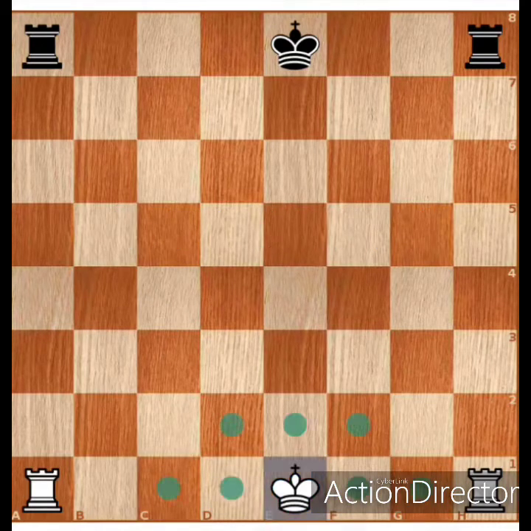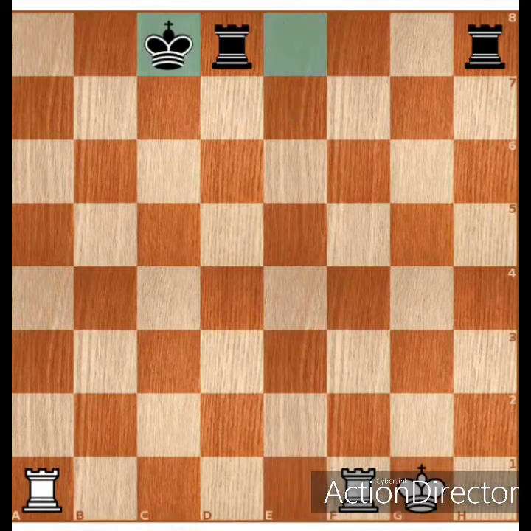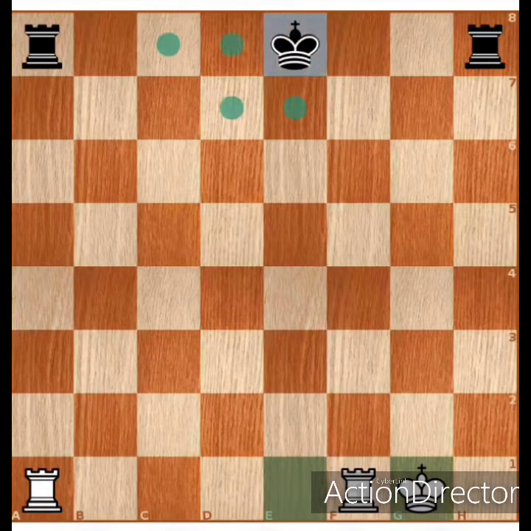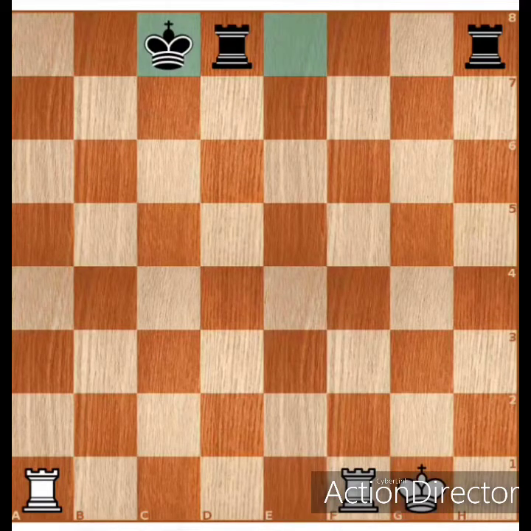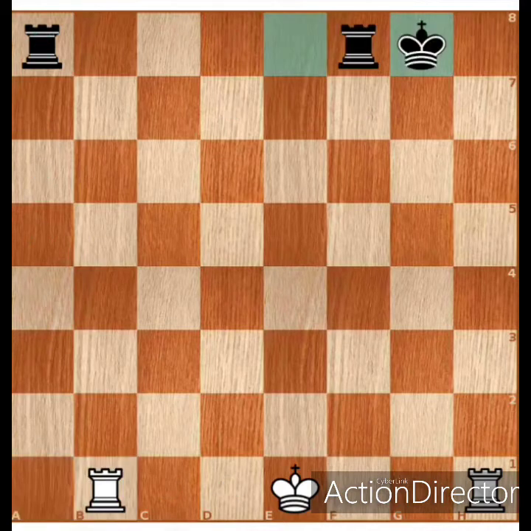And if you move to the right-hand side, that is 2 squares, that is called the short castle. Same for black, that is the long castle, and that is the short castle.